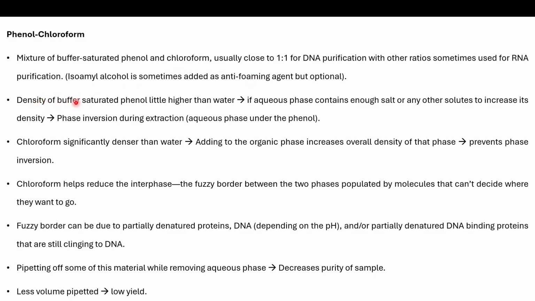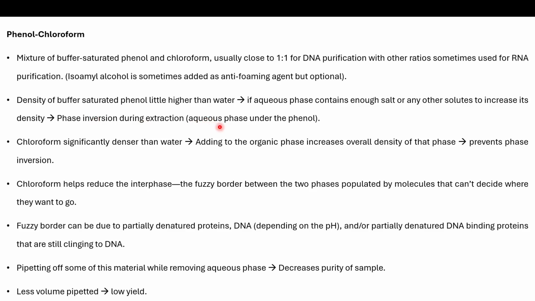The density of buffer-saturated phenol is a little higher than water. So if the aqueous phase contains enough salt or other solutes to increase its density, then phase inversion happens, which I was talking about earlier: the aqueous phase comes under the phenol phase.